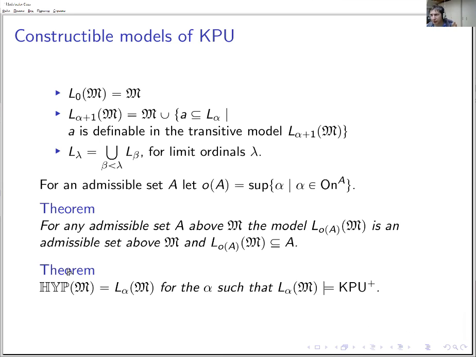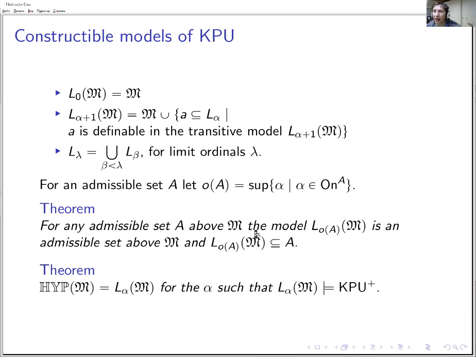The transitive model of KPU is simply this L alpha, where alpha is the ordinal of this admissible set. So basically, it is the restriction of the constructible universe up to the height of your admissible set. And in fact, it's possible to show in KPU that this internal constructible universe always satisfies the axioms of Kripke-Platek set theory.